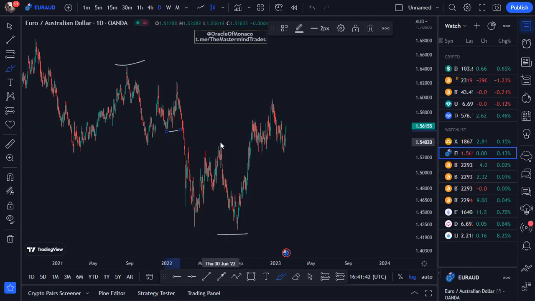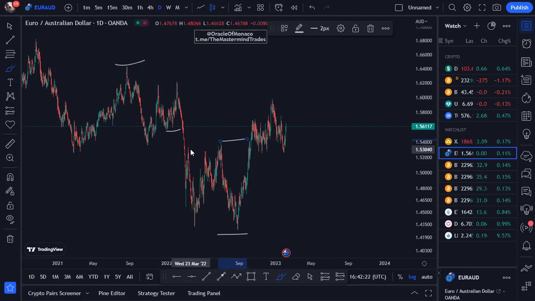The same way, if you also want to look at it from this point up here, you might want to look at this as well to be the major change of character. I would look at this to be the major change of character because this is the whole change of character for this swing trend, for this downtrend right here, this point. Now, this is the change of character for this smaller uptrend within a downtrend. This is the change of character for the overall downtrend into an uptrend.